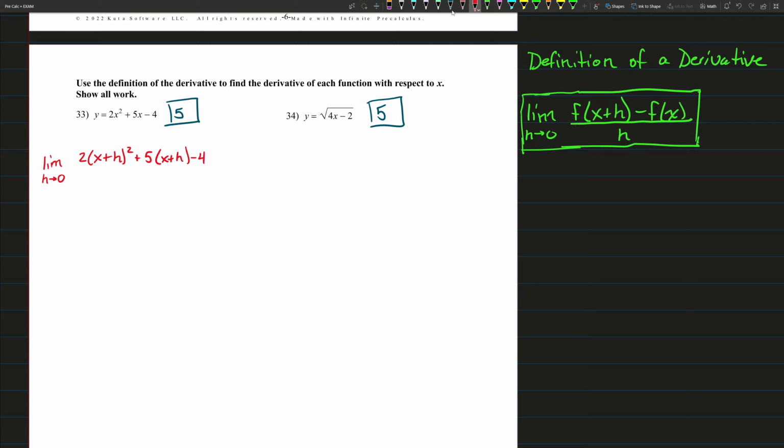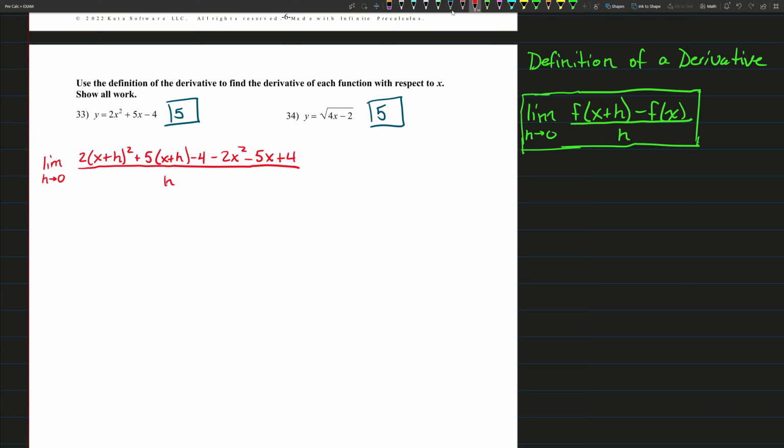And I'll probably do this other problem somewhere else just for room. And then we're subtracting the original f of x. So we're subtracting 2x squared minus 5x and then plus 4. And we're taking all of this over h.